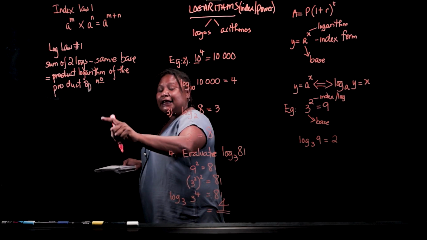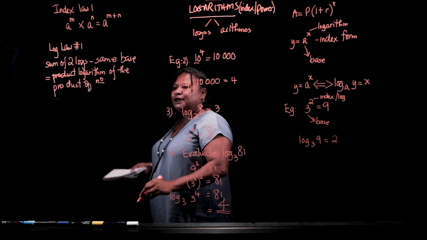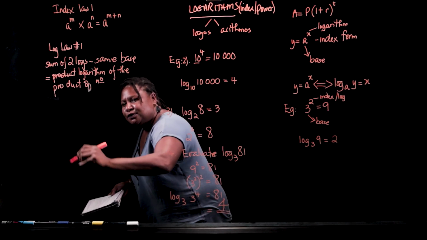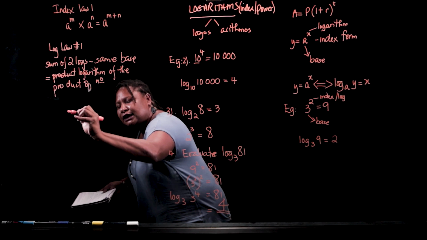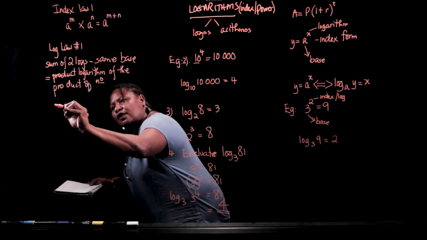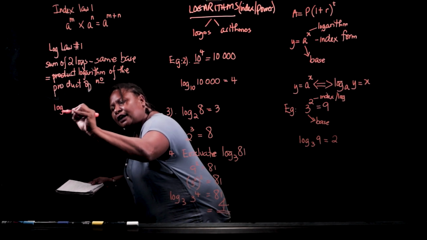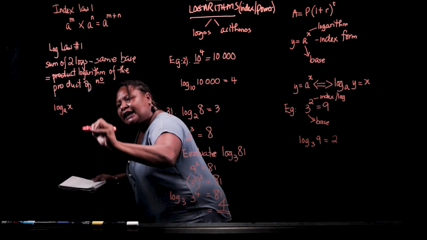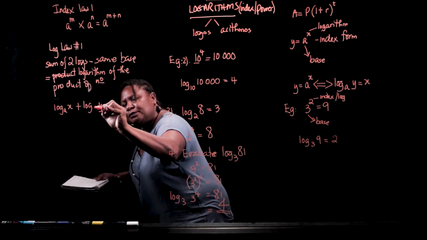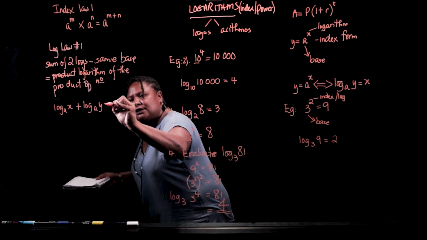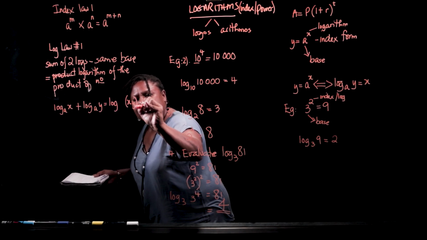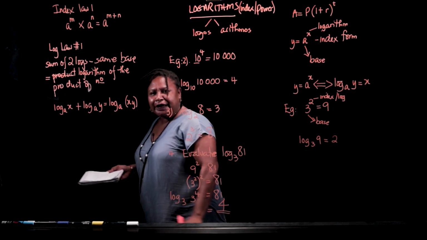It is the numbers that appear in the log itself. So let's have a look at assigning some letters to this and see how the rule looks in log terms. We have log of x to base a plus log of y to base a is equal to log of xy, the product, to the same base.